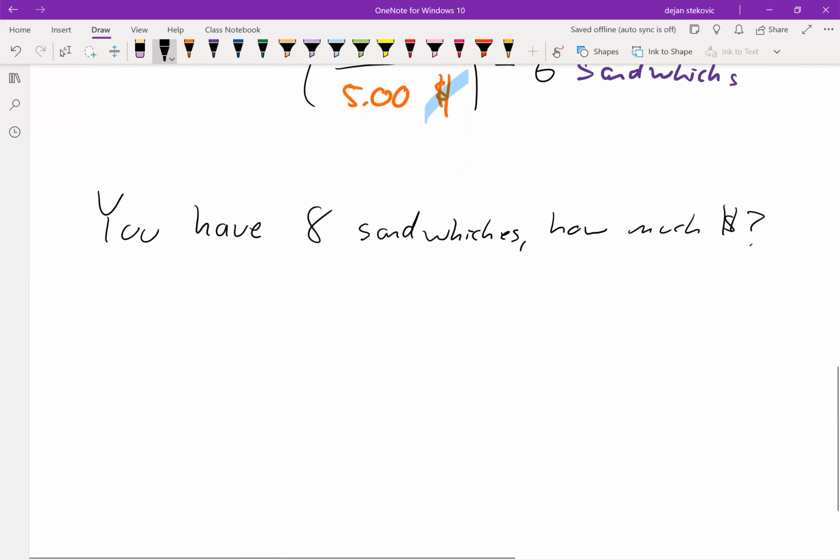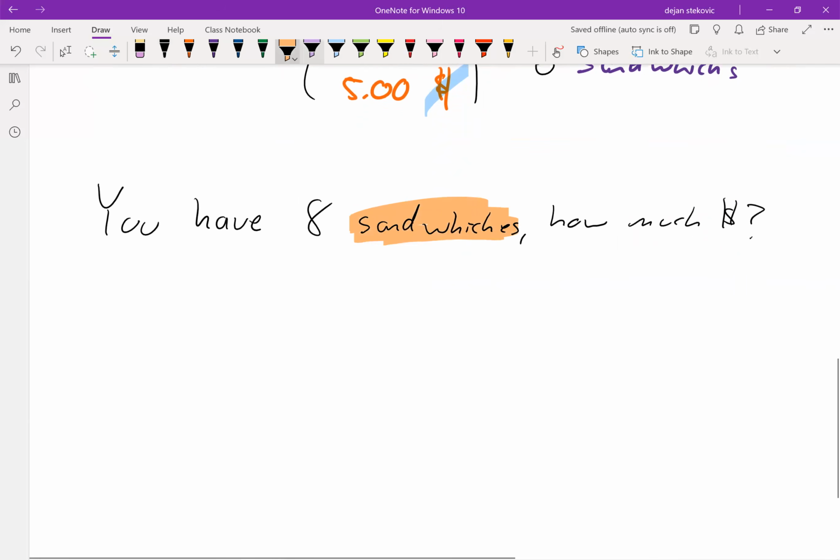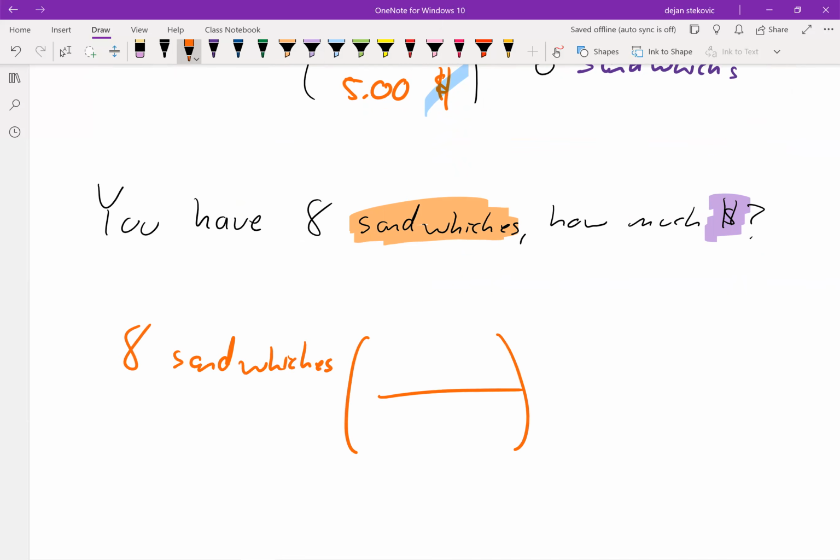Again, this time our given unit is sandwiches, and our desired unit is now dollars. Either way, we're going to want to put that 8 sandwiches right here, and then we know we're going to want sandwiches down here in the denominator. That way they cancel out. I haven't even thought about the problem yet at all. All I've done is written my value and know that the next thing I'm going to do is cancel it out.